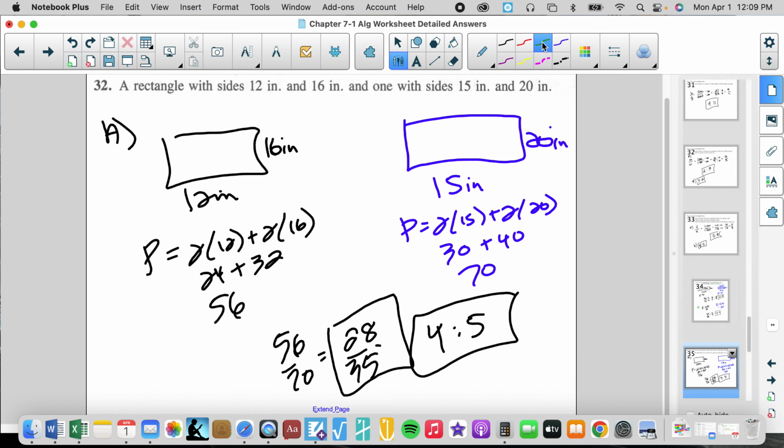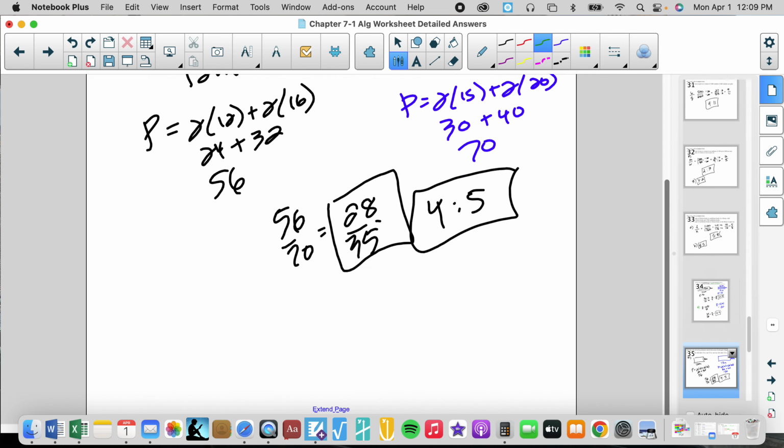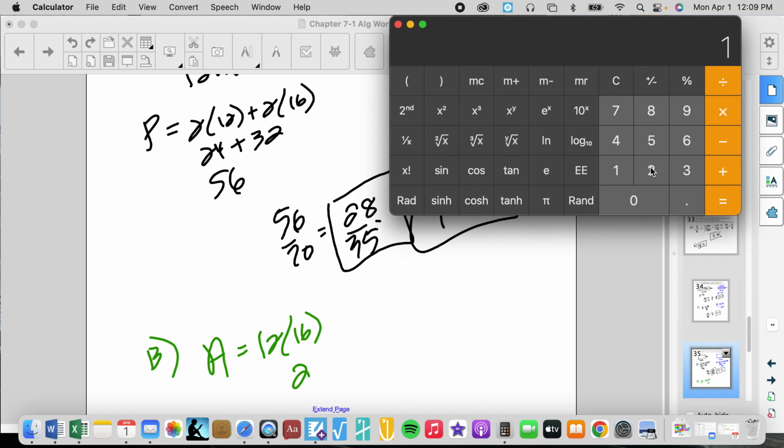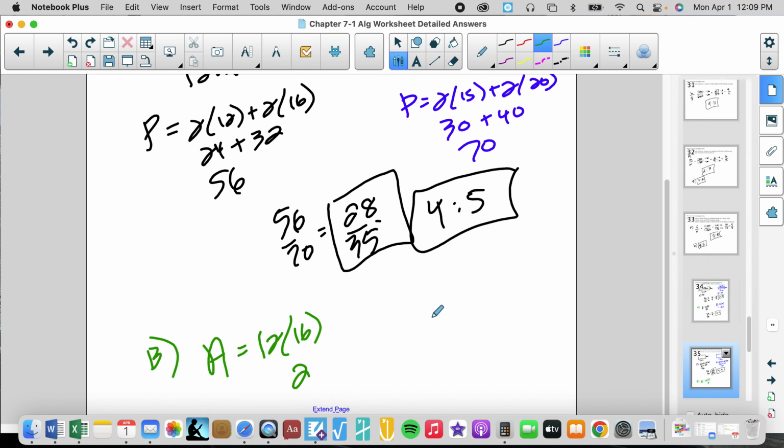And if we're going to do area, B, area equals 12 times 16, which is 192. And area equals 15 times 20, which is 300.